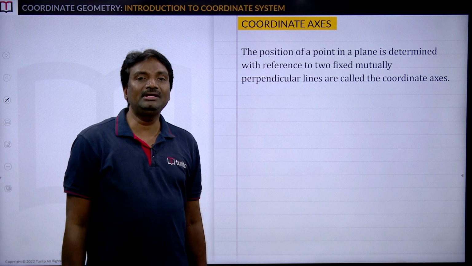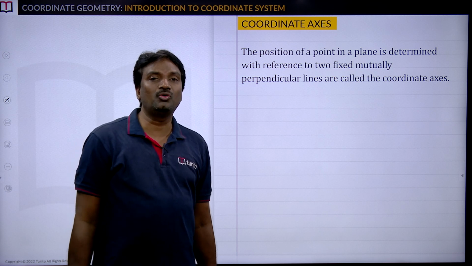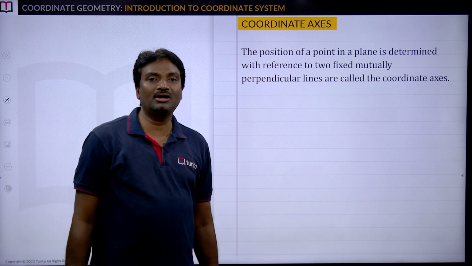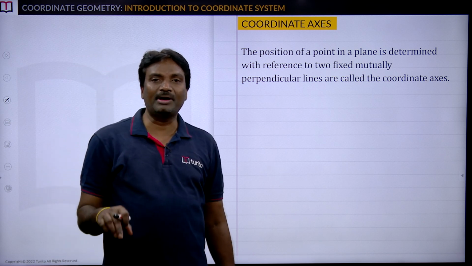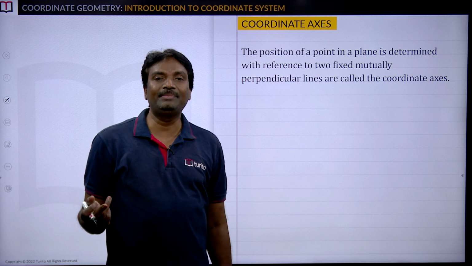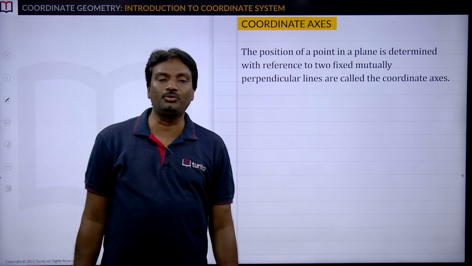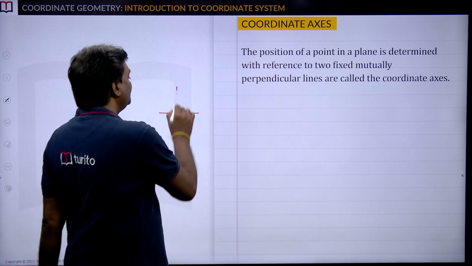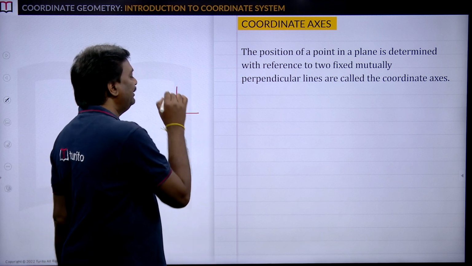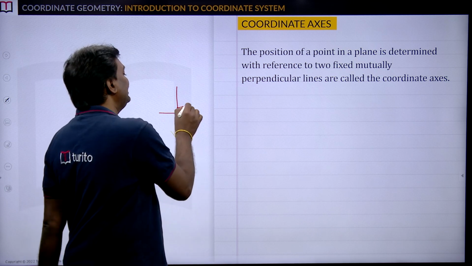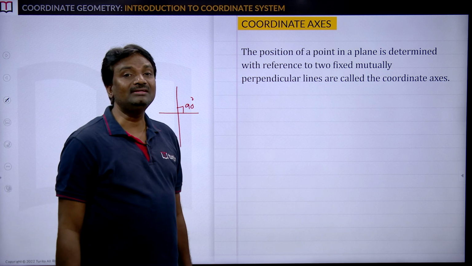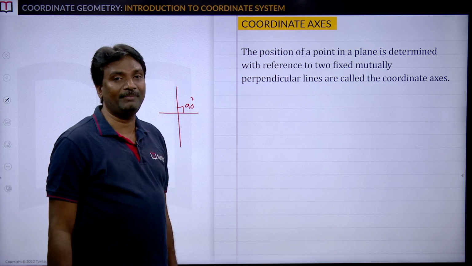Mutually perpendicular means the angle between those two lines should be 90 degrees. If you suppose that this is the first line, this is the second line, and the angle between these two lines is 90 degrees, then we can say these two lines are mutually perpendicular lines.